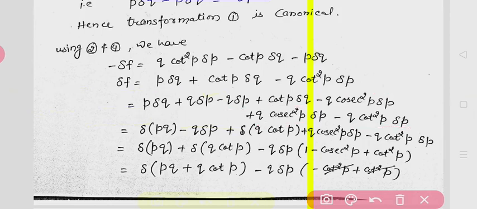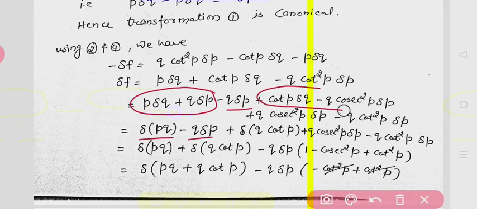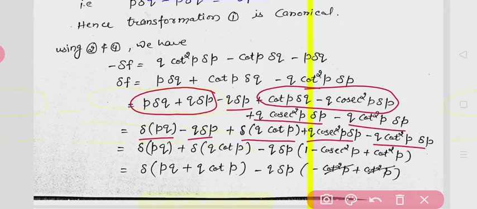Now you can check what this one is. This is the derivative of p into q, so I write down this one and this term as it is. And what is this term? This is the derivative of q into cot p, so this is the derivative of this one, and the remaining terms are this one over here and this one over here, right.